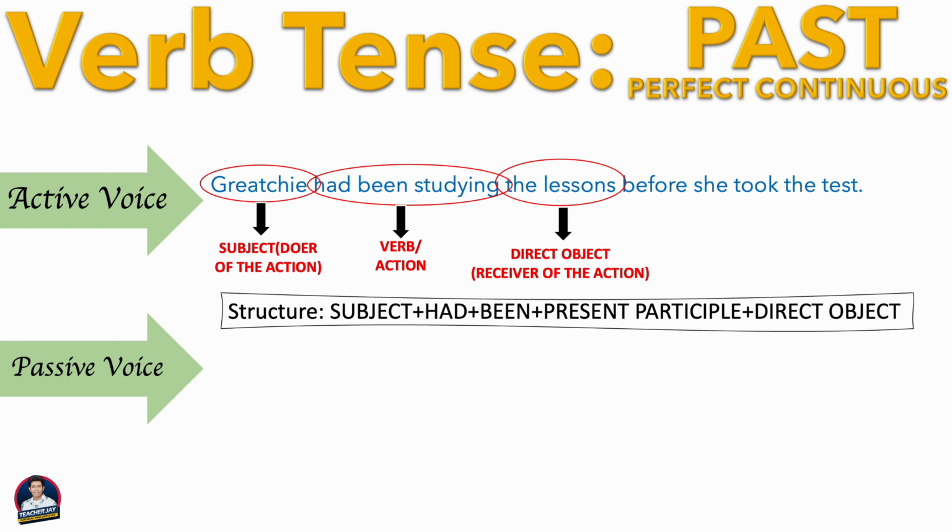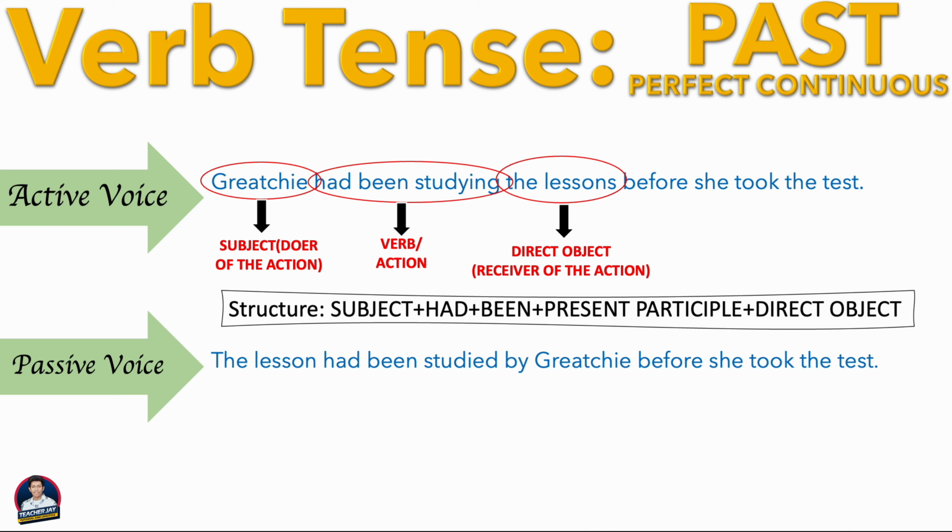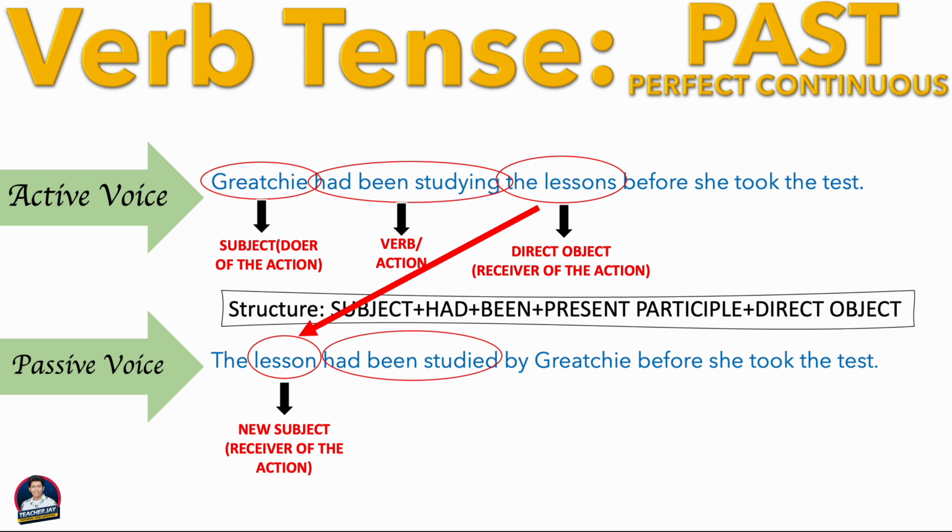To change this active voice to passive voice, the subject and the direct object need to exchange their places. So this becomes, the lesson had been studied by Gretchen before she took the test. In this example, we have a new subject, the lesson, whose role is only to receive the action, which is had been studied.